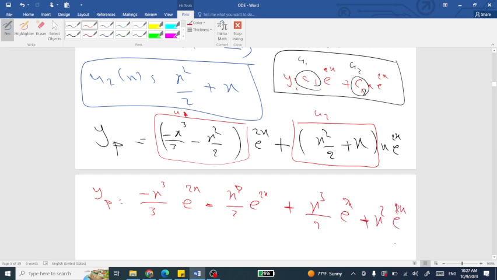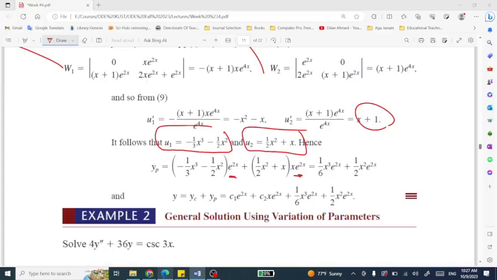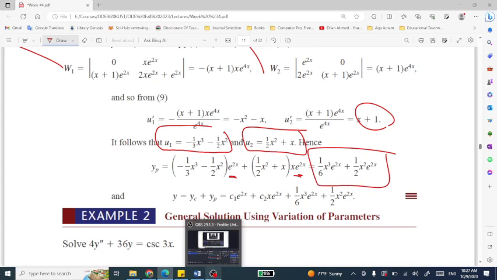Then you will find the common denominator, and by the end you will get YP like that. 1 over 6, 1 over 2.